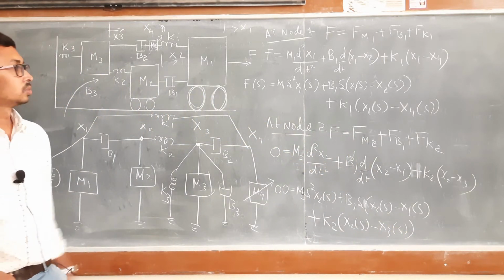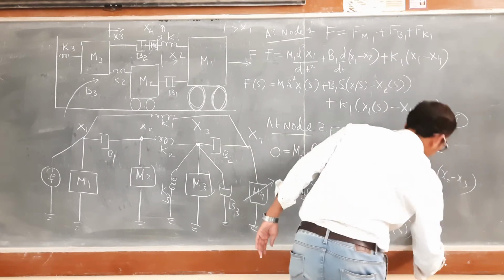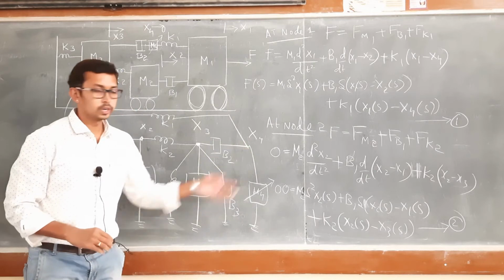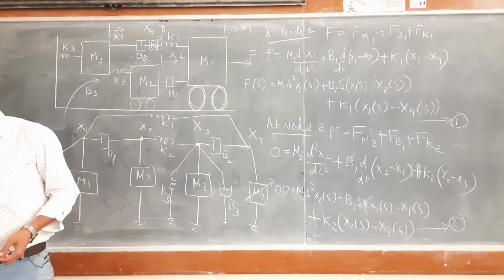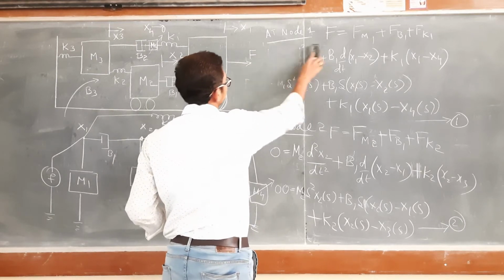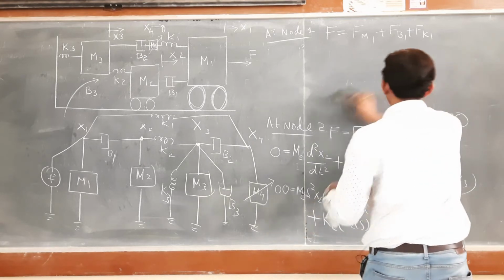Okay, so this is the equation number 1 and this is the equation number 2. So this is how we have to do it. In the same way, we have to write for the node number 3. Let me write for the node number 3.